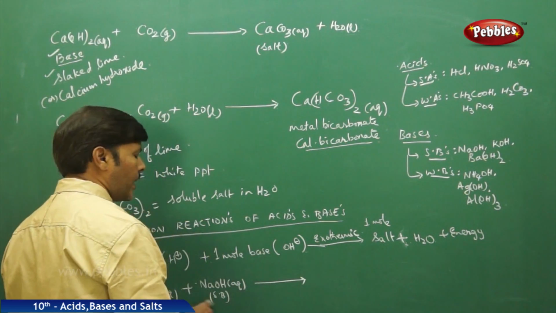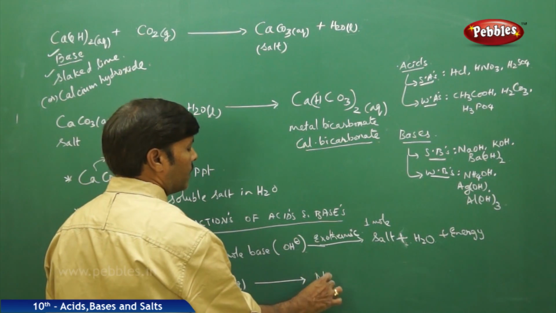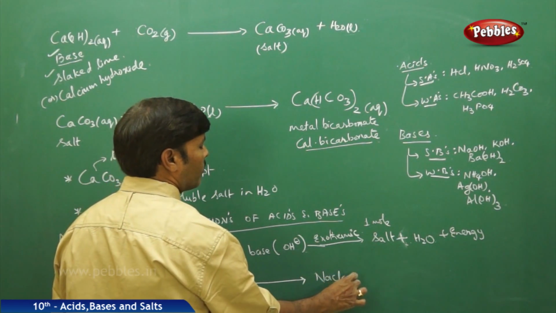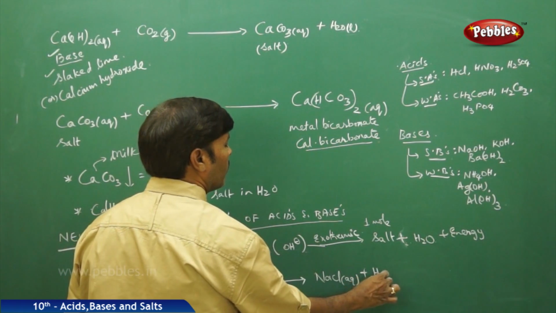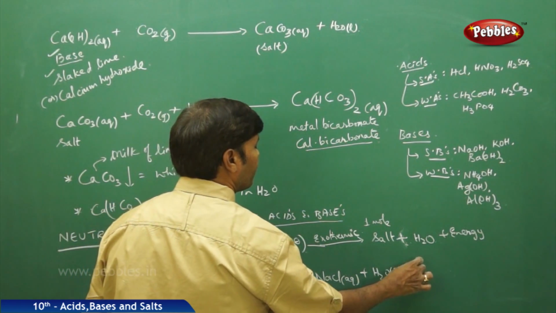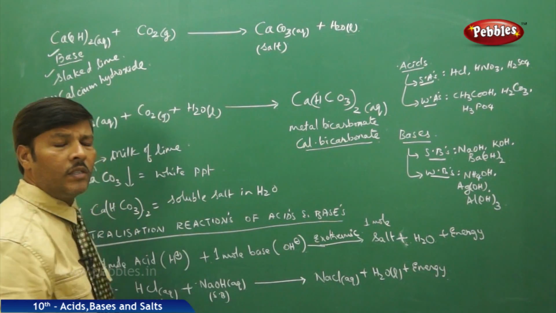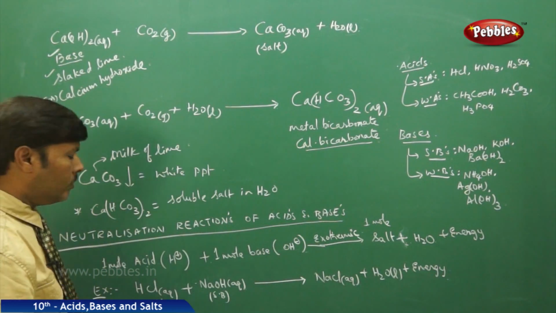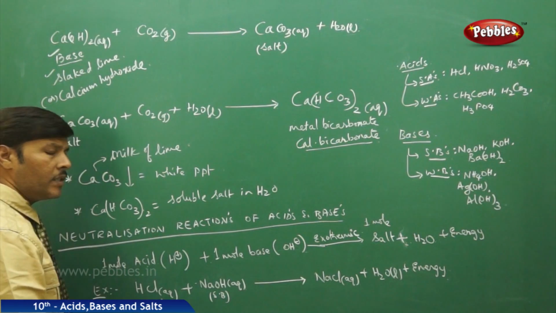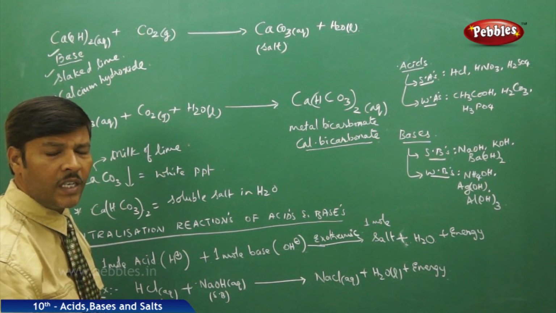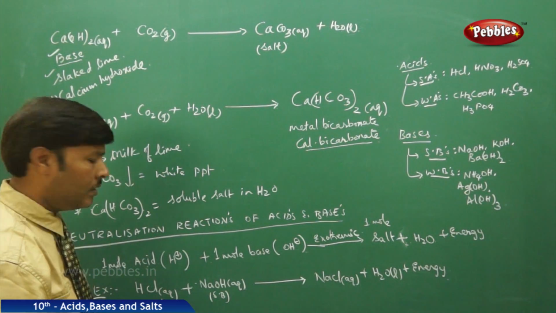to give a salt: an acid is reacting with the base to give NaCl aqueous plus H2O liquid plus energy. This reaction clearly depicts how the reaction takes place between an acid and a base in the neutralization reaction.